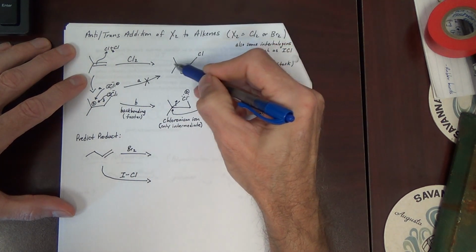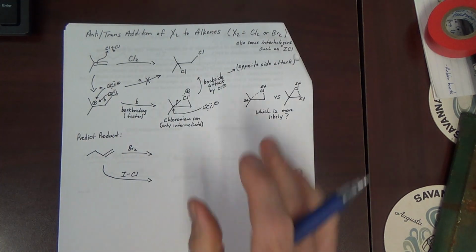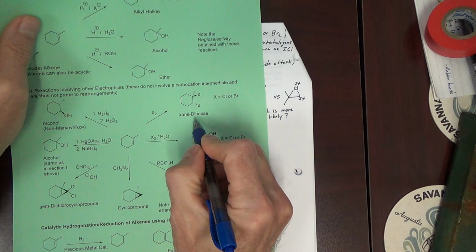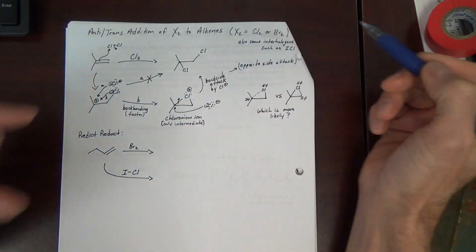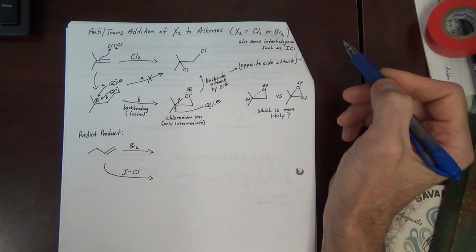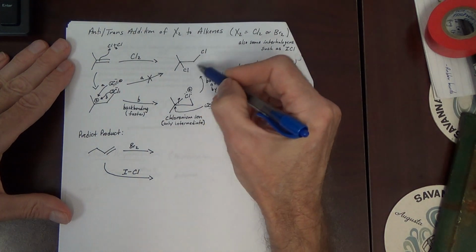And the product is this dihalide. I'm not going to write it here, I don't want to clutter it up. We said that here, okay. It's a dihalide. Now in this case, trans is not applicable, at least in the final product.